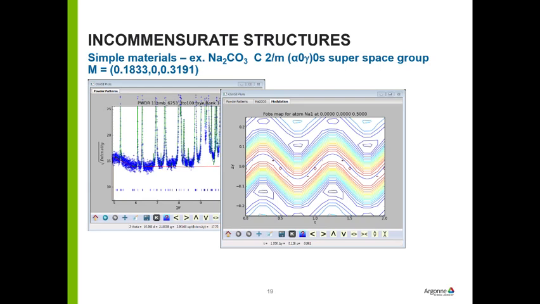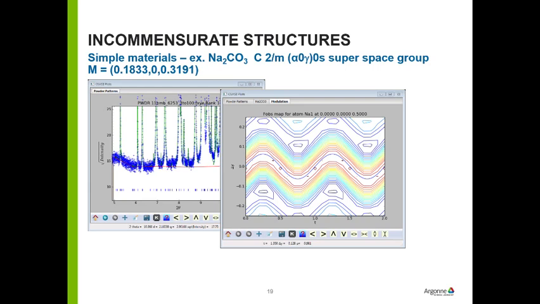We just simply bought it right out of the bottle, put it on 11-BM, collected a powder diffraction data set. And there are extra peaks in here which are not indexable by the conventional means and lattice parameters. And those are due to a superlattice, basically another dimension on the crystal structure.